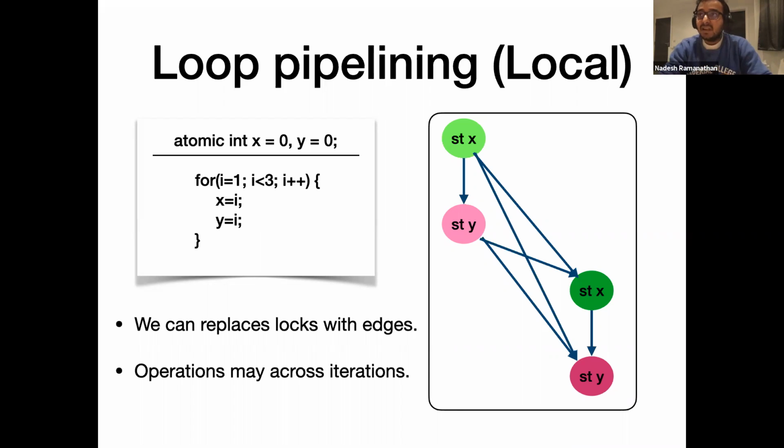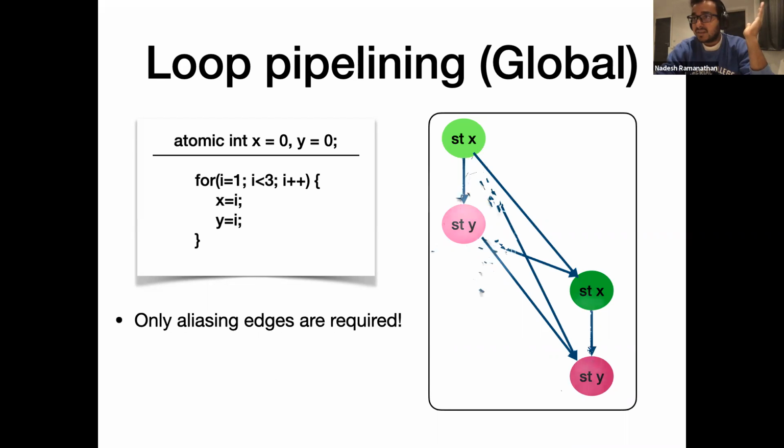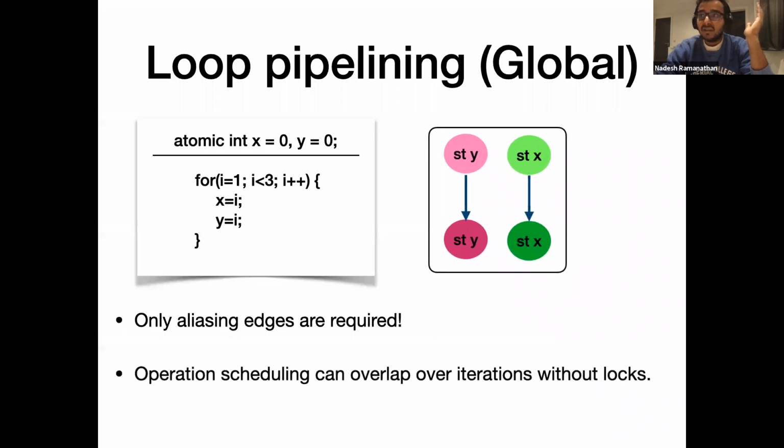But we will see that if you go further and do global analysis on this program, and if this is the only thread in the program, then all you need to ensure is that only aliasing edges are enforced across iterations. So you can remove a lot of those edges and they can run much faster. The whole idea is that using locks, you were never able to overlap iterations, but using atomics with scheduling constraints, you can actually overlap iterations.